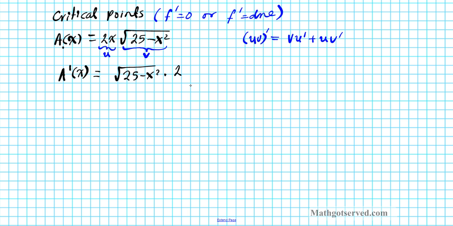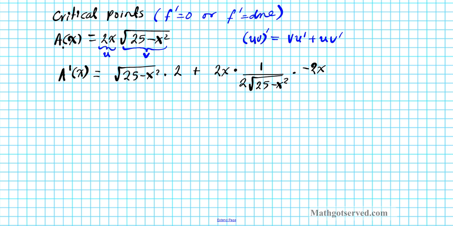So we have v u prime plus u, which is 2x, times the derivative of v. We're going to be using the chain rule here. So the derivative of the outer function is 1 over 2 root 25 minus x squared, times the derivative of the inner function, which is negative 2x.